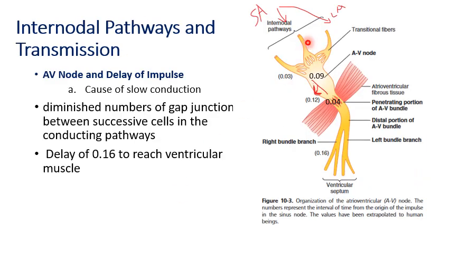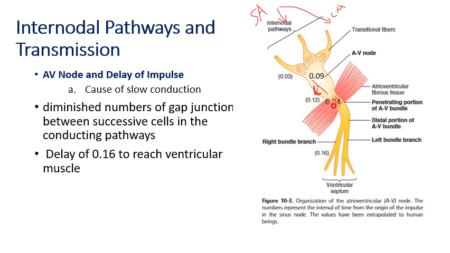And so this is another view for the internodal pathways connected to the AV node. And then we can see that after the AV node, there are fibers that penetrate the fibrous tissue between the atrium and the ventricle.